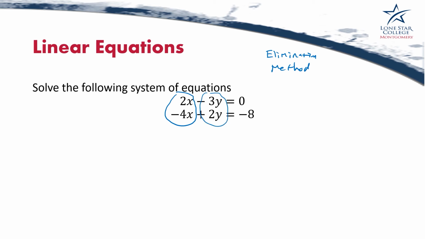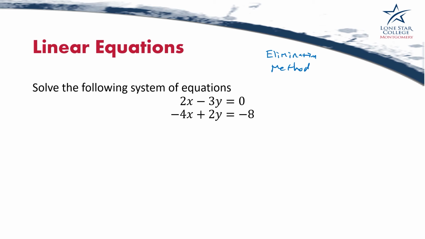We're going to have to add them together to get rid of them. When we add them together, they need to be 0. So we want to think, what can we turn our x or y into so that when we add them together, they get you 0.